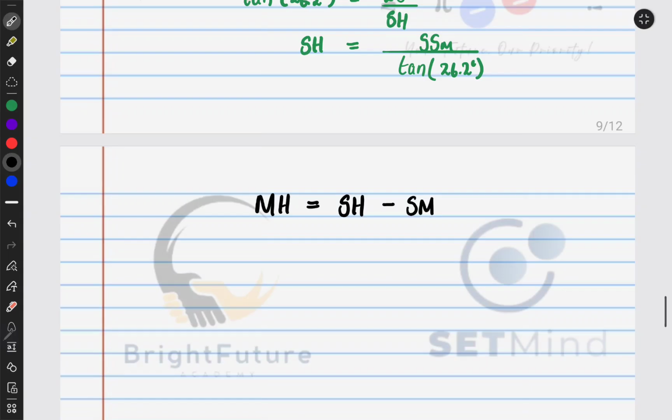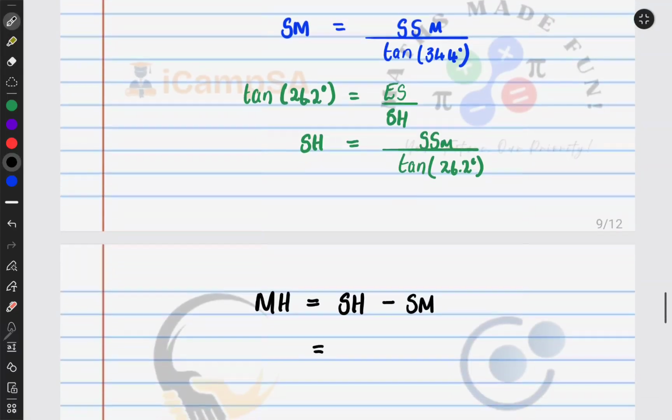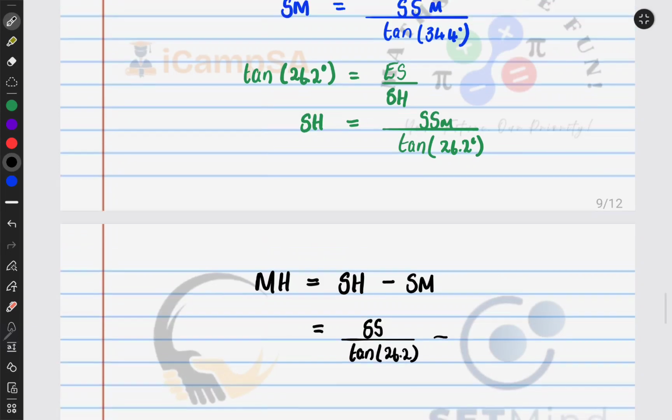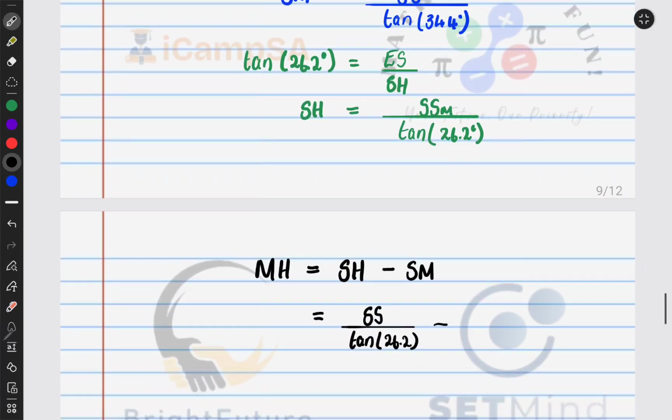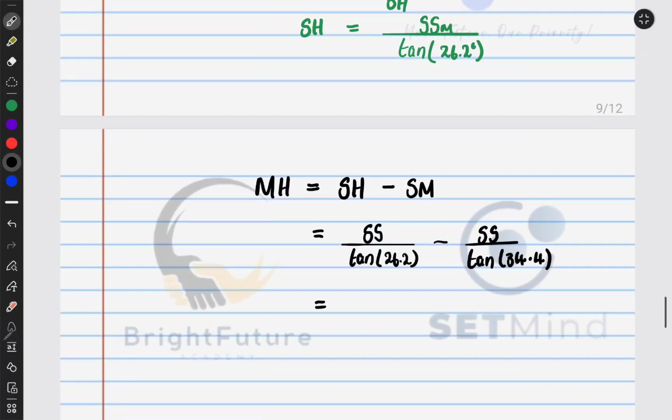Therefore, what is SH? The side SH is 55 over tan 26.2, minus SM. What is SM? 55 over tan 34.4.